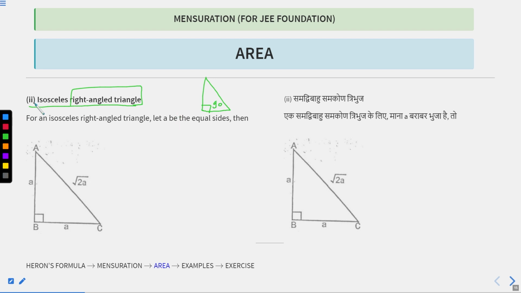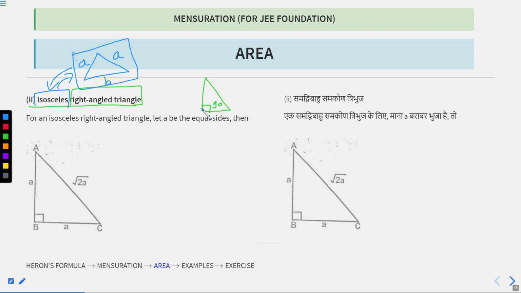And in an isosceles triangle, if you recall, isosceles triangles are those triangles in which any two of the sides are equal to each other. Let's say it is a and this is also a. Then this type of triangle we say is an isosceles triangle.